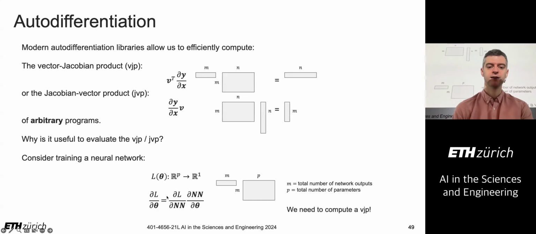What you immediately see is, because the loss is a scalar value, the Jacobian of the loss with respect to the neural network's outputs is actually not a matrix. It just collapses into a row. This row times the Jacobian for the neural network with respect to the weights is just a vector-matrix product. So this is exactly a vector Jacobian product that we want to compute when we evaluate the gradient of the loss function.